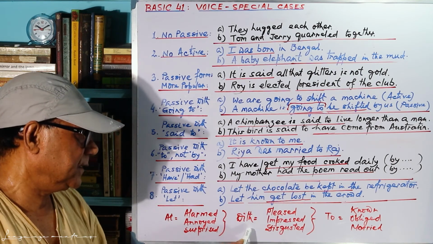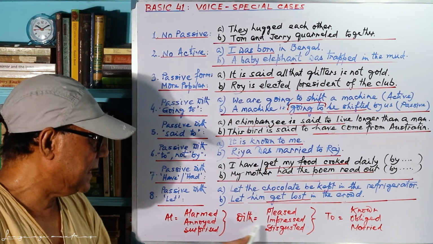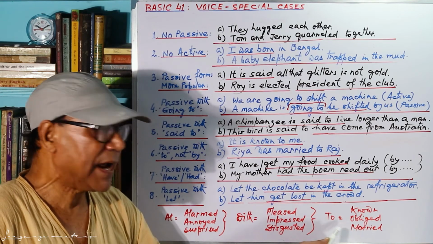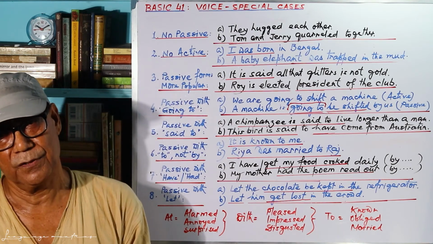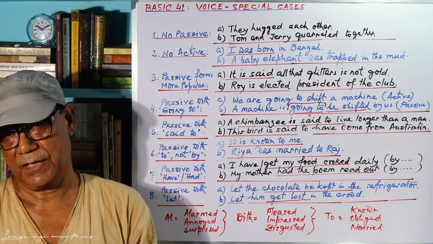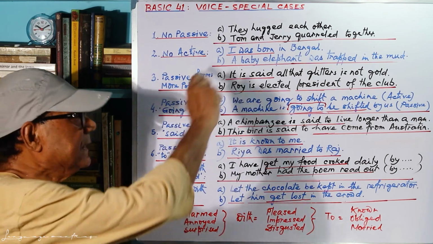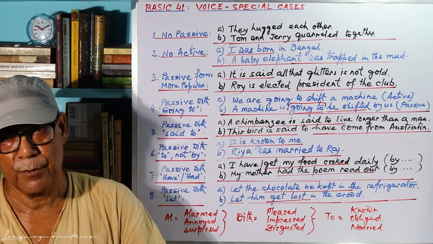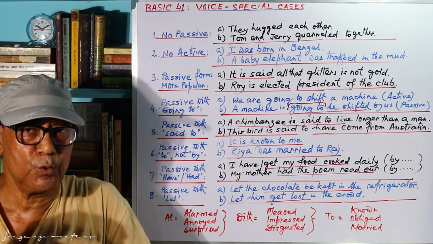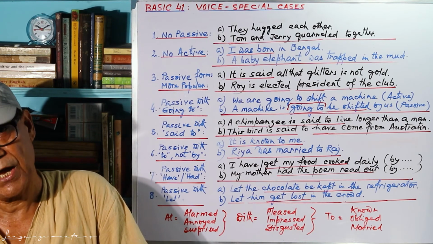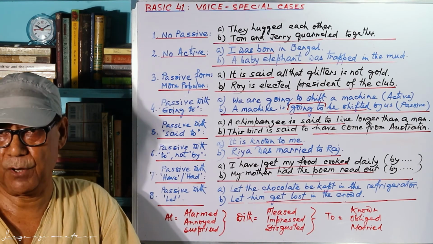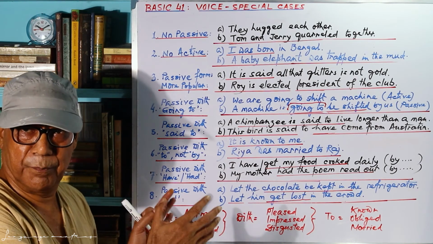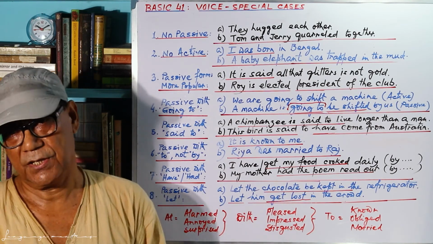So: pleased with, impressed with, disgusted with, then known to, obliged to, and married to. These are possible. So take care. You will frequently come across these sentences also. They deviate from the normal procedure or normal rules of grammar in terms of passive or active voices. So just make a note of these sentences.